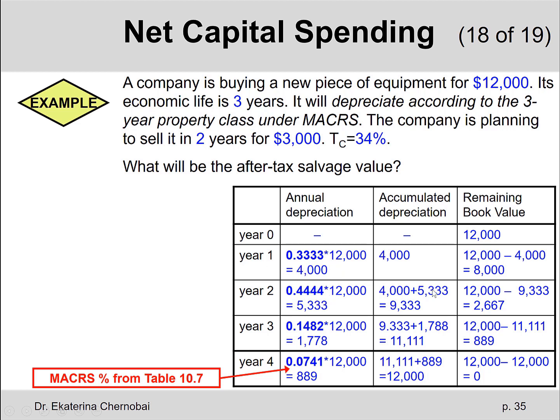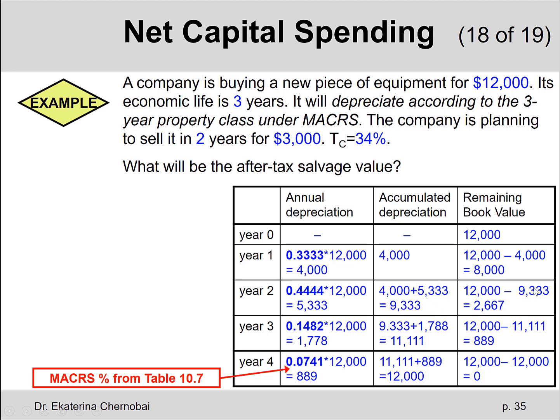We add them up. That's the accumulated depreciation over the first 2 years. So $4,000 over the first year plus $5,333 over the second year equals $9,333 over the first 2 years.